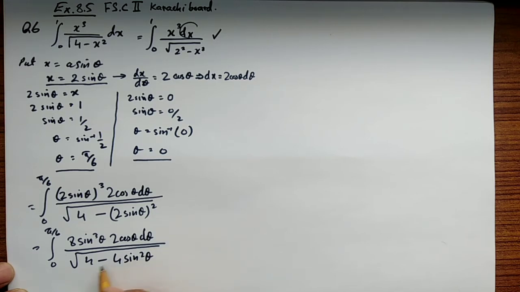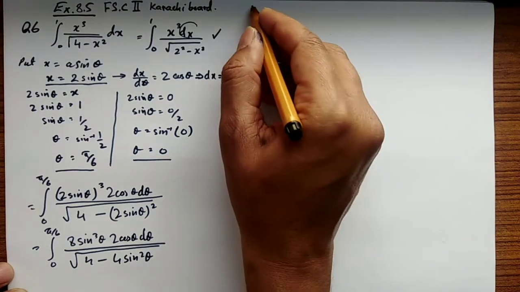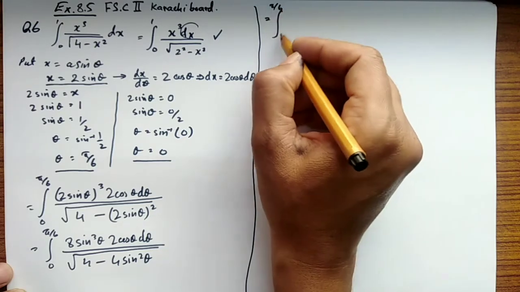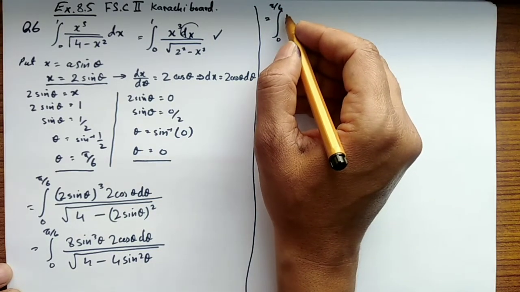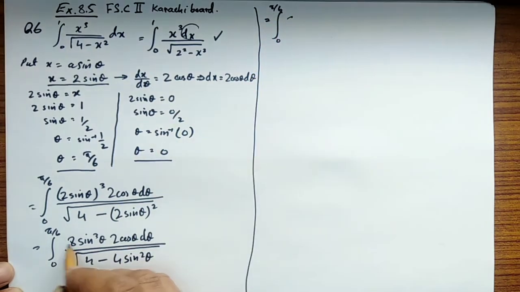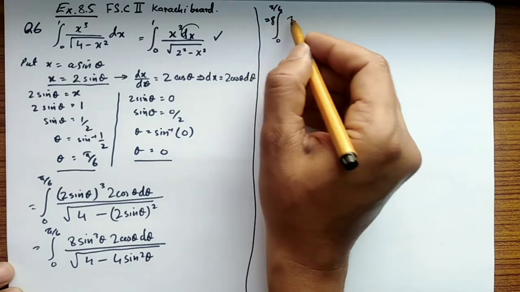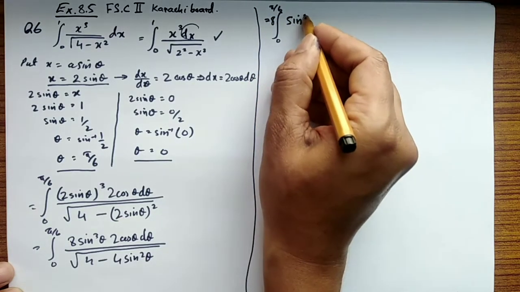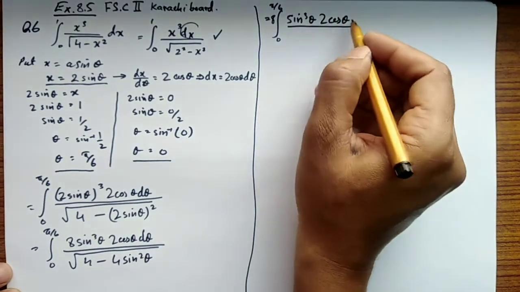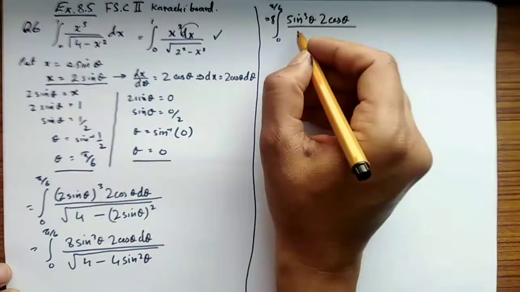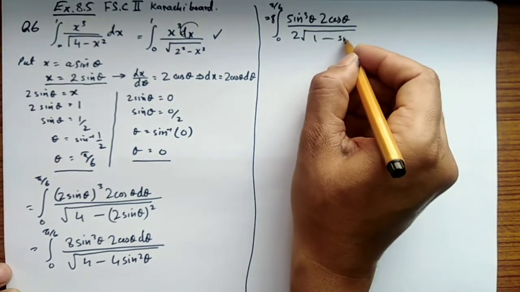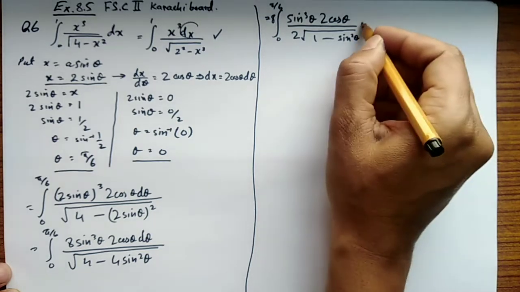So now taking this 4 as a common outside, I am going to take this 8 outside the integral sign. I am left with sine cube of theta 2 cos theta, and in the denominator, if we take this 4 as a common outside, that will become 2, and that will be 1 minus sine square theta and d theta.